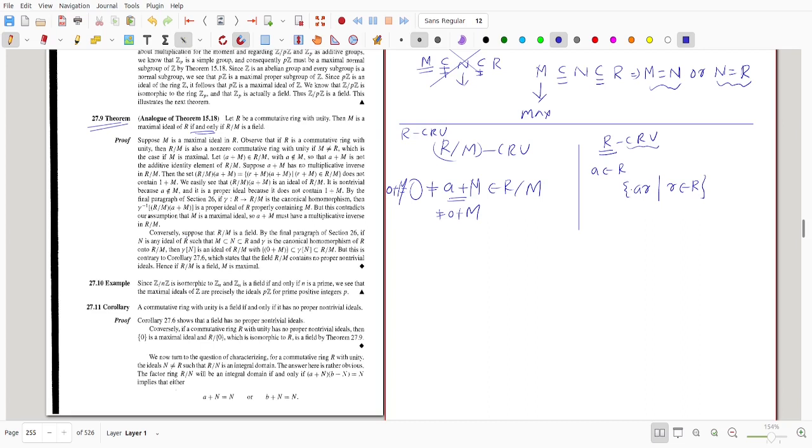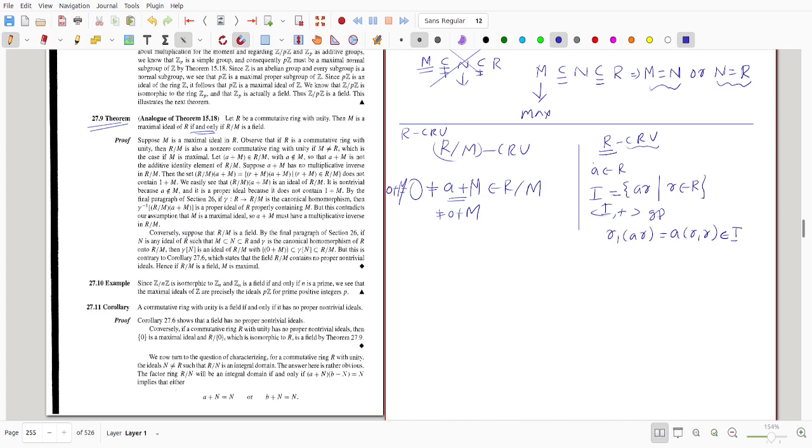You consider all these elements and call the set I, then this I is an ideal. You can easily prove that I under addition is a group, and if you multiply any r1 with any element of this, then you get r1ar, which is contained in I itself. If you multiply on the right side, the same happens because this is a commutative ring.